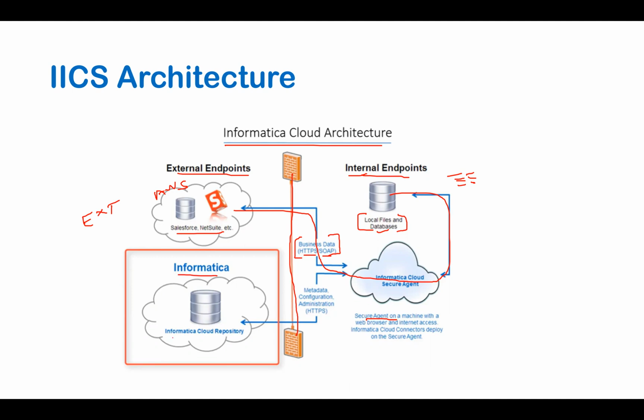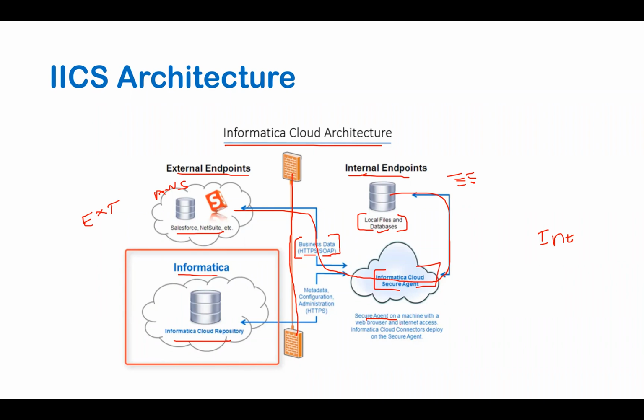Informatica Cloud, yes, the cloud repository is external. So this is our internal, on the right hand side. Internal means this will be maintained by our on-premises company organization, and the Informatica Cloud Secured Agent also will be installed. So what is the purpose of the Informatica Secured Agent?